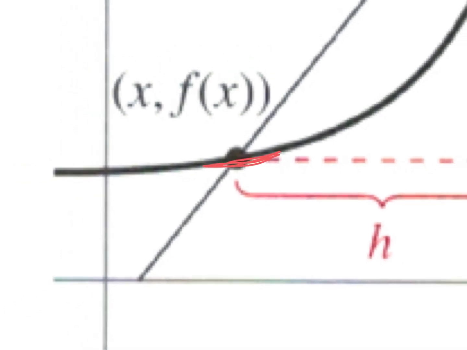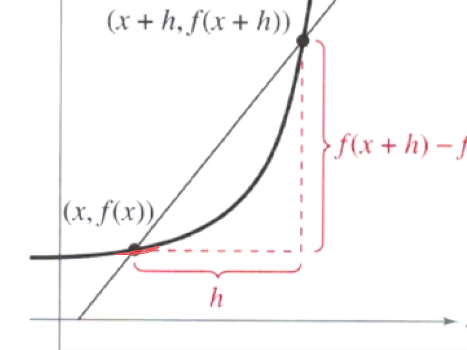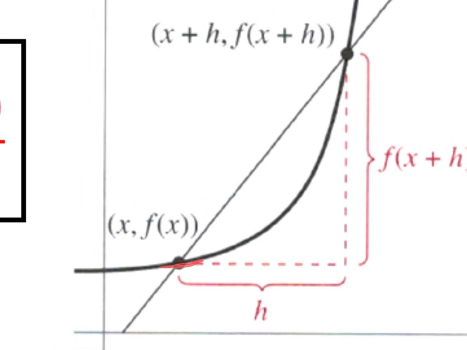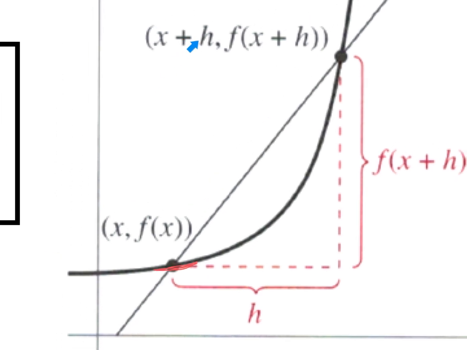What I could do is imagine that there was a second point somewhere arbitrarily off in the distance. So it's no longer an x value, it is now an x plus some h value. So I have the second point that has a new x value that's just a little bit further away. The y value associated with that would be f of whatever this value is, so f of x plus h.